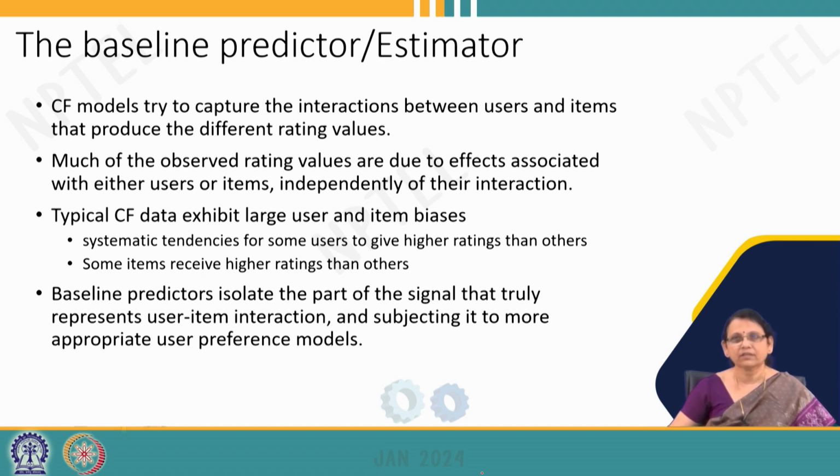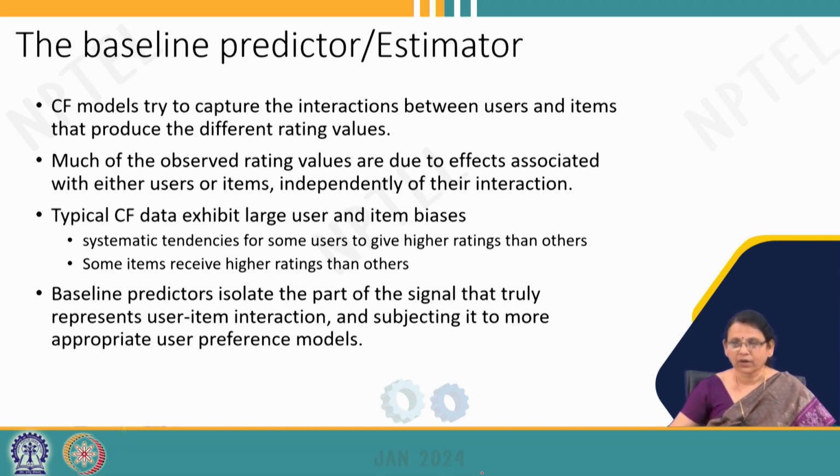To start with, collaborative filtering models capture the interaction between user and item. So, how is this interaction captured? By the rating matrix. For both the model based as well as the neighborhood based approach, the rating matrix is the input. From this rating matrix we tried finding out the similarities and made the models that we called the neighborhood based models.